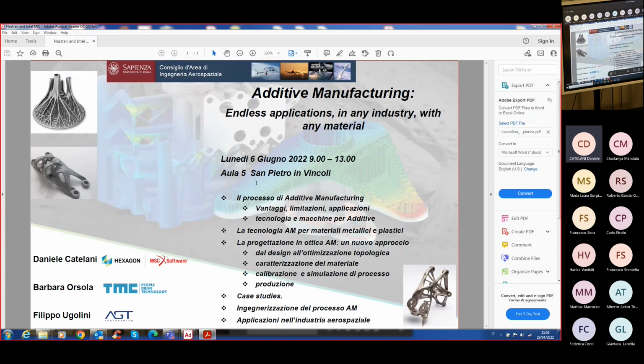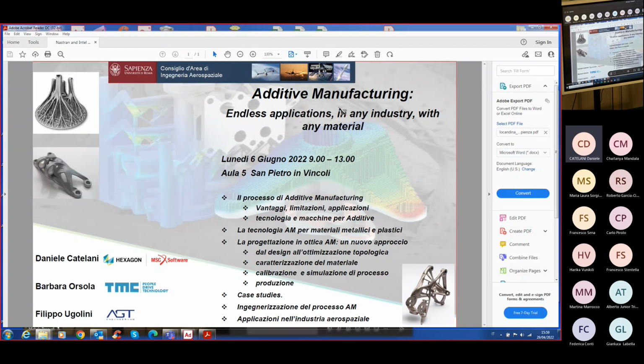You can find all information on the website of the focus group of Consiglio d'Area di Ingegneria Aerospaziale. This seminar gives you 1 CFU if you attend.